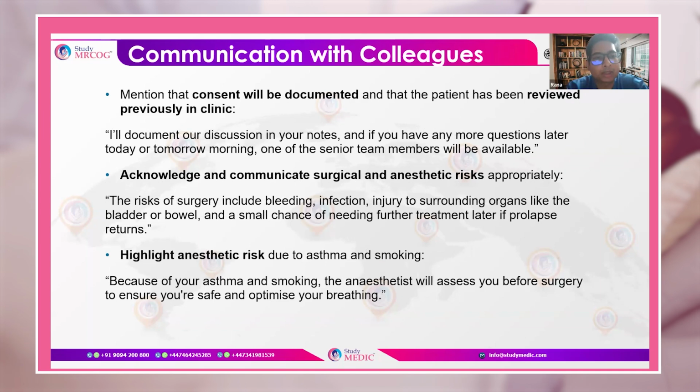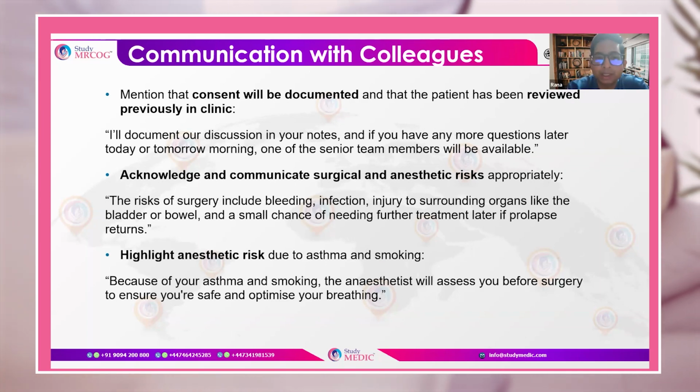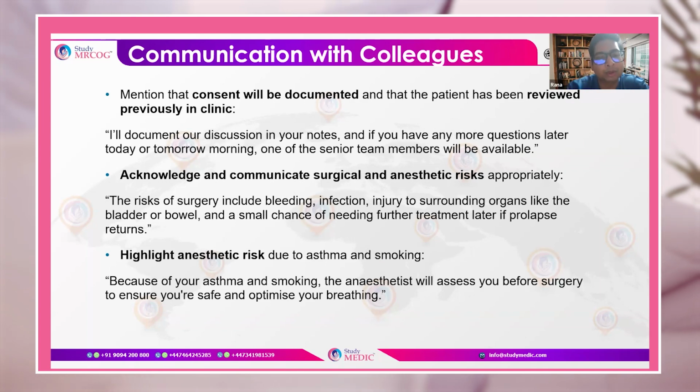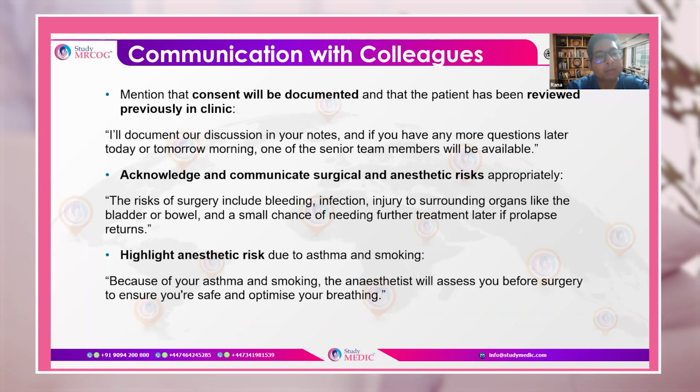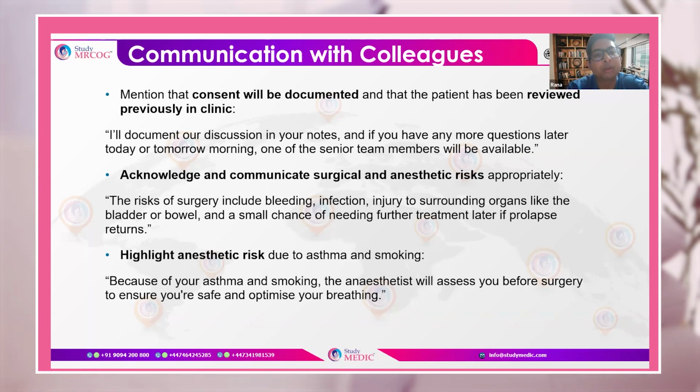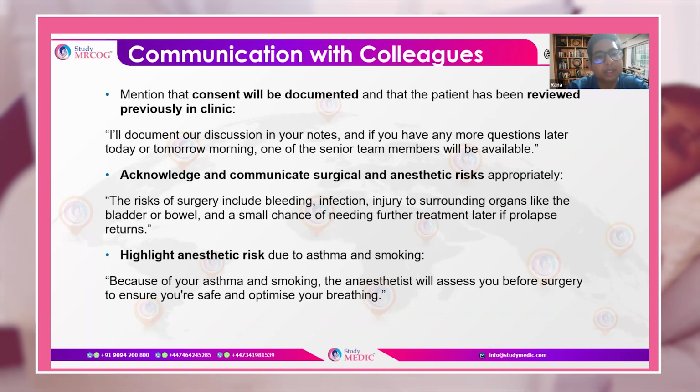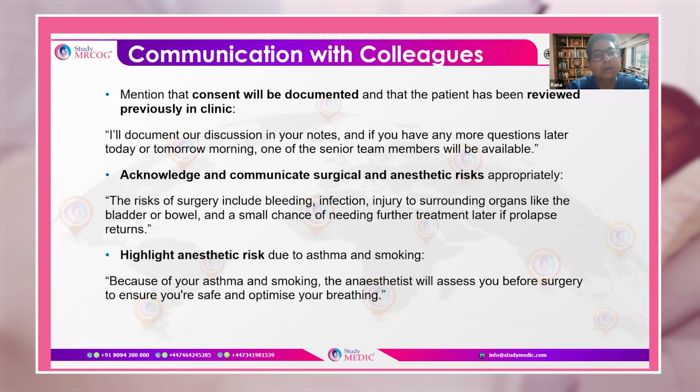Now regarding communication with the colleague, you need to acknowledge that you have already communicated with your colleague and that you have seen the notes, so you know your colleague has done the basic work.